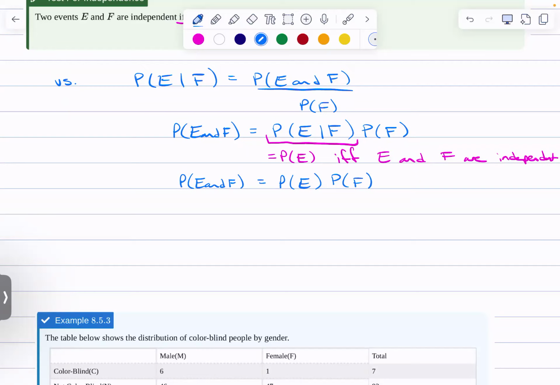Now, most of the time, I use this to argue that two things are independent or are not independent, right? So if you have each of these three probabilities, right, then you can multiply these two probabilities, and if they're the same as the probability of E and F, then you can say that they're independent. Wow, it's like we're back in logic.